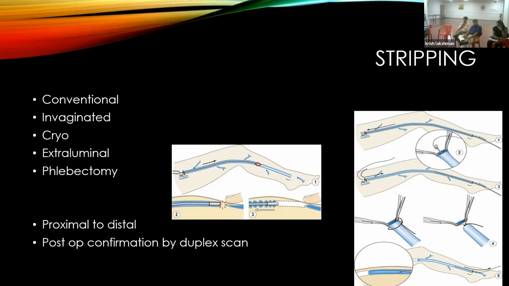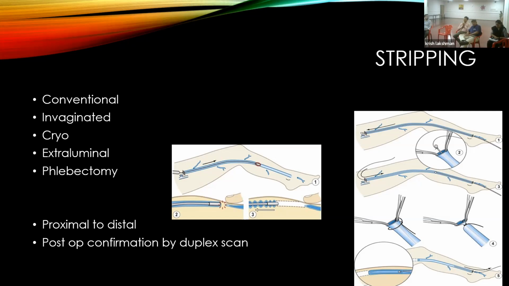Then lift the leg up and start applying the crepe bandage. Also at the lower aspect where the stripper is coming out, you have to ensure that even the suturing is almost ready.